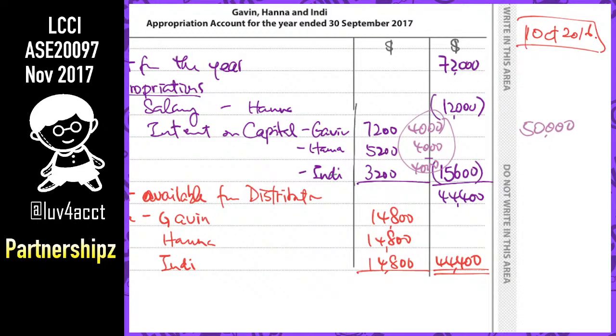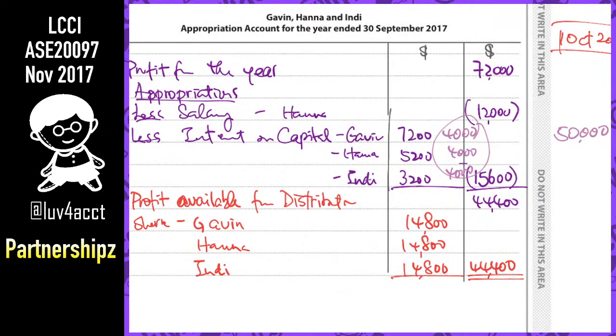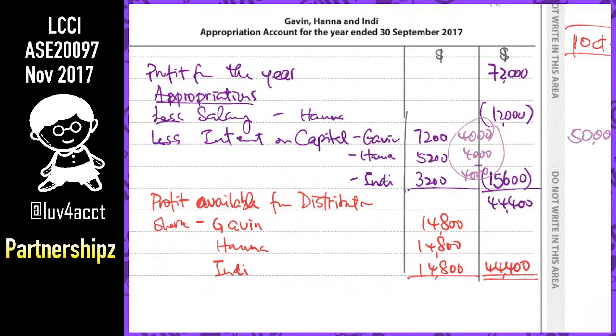Unless you say that from the information given, you are told that it is out of the opening balance of capital before adjustment.